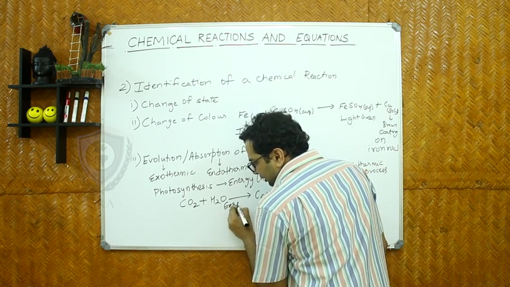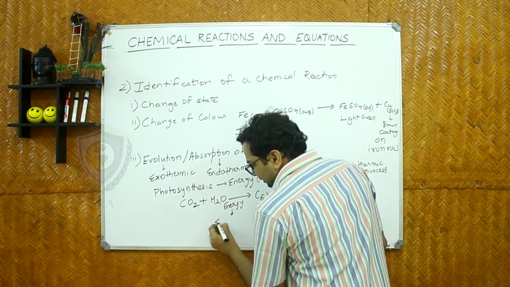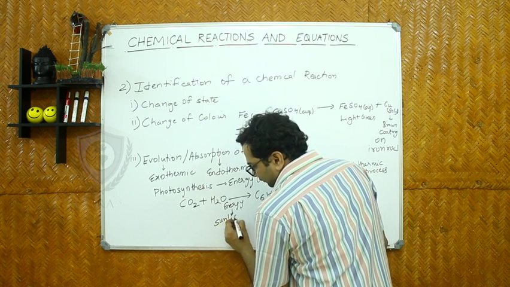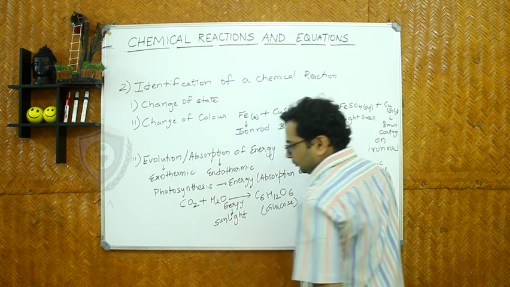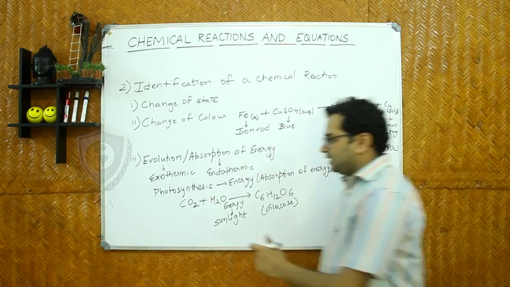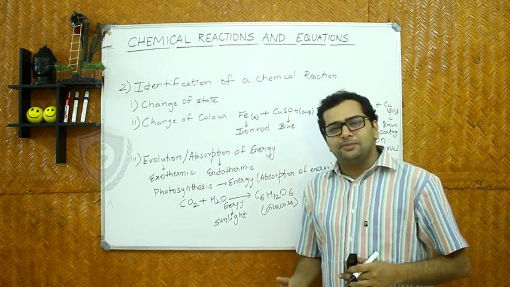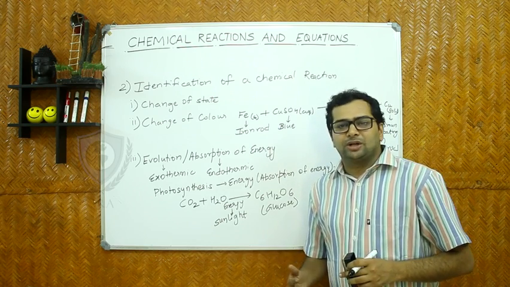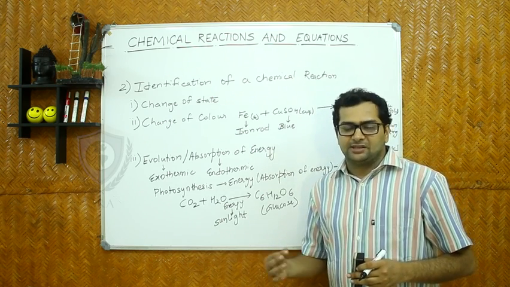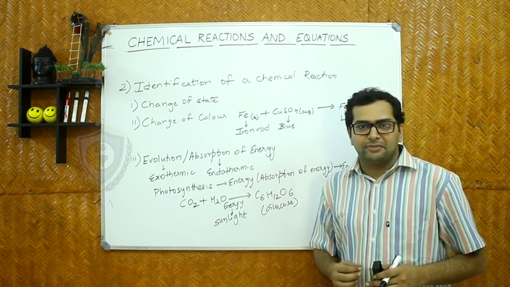And this energy comes from where? This energy comes from sunlight. So this is a simple example of an endothermic reaction where energy is absorbed to make sure that a chemical reaction takes place. We'll now talk about the exothermic reaction.